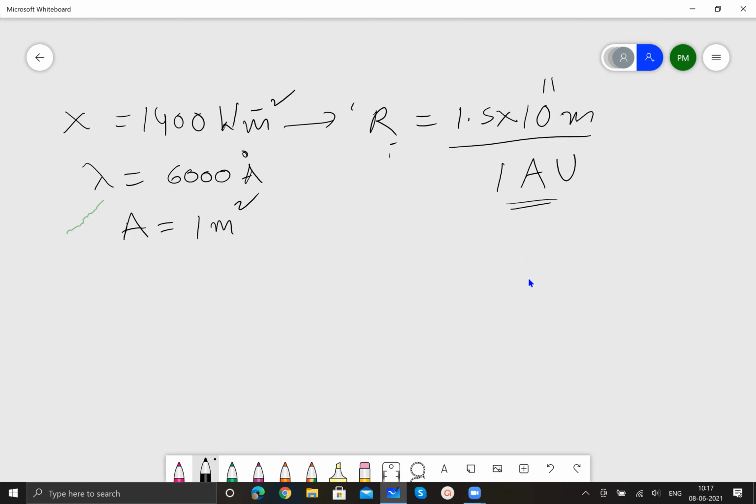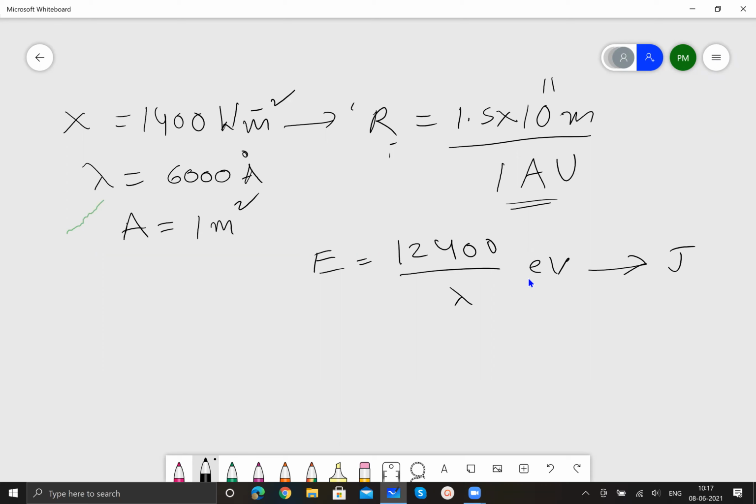I'll tell you the method. E is equal to 12,400 by lambda in electron volts you will get. Convert that into joules.